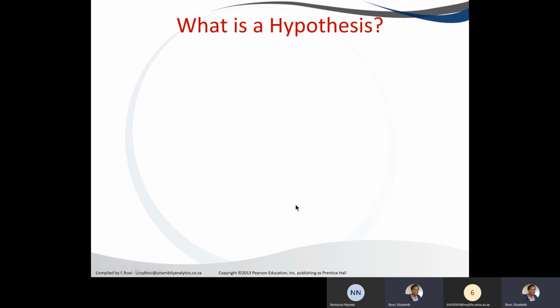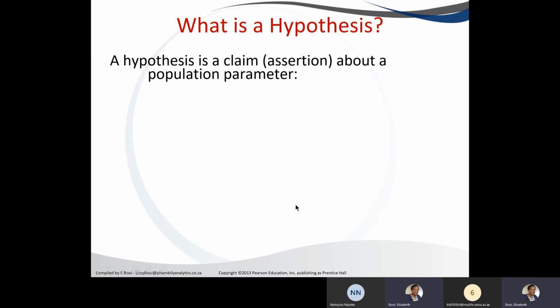I cannot make that claim that people like the ANC as a political party or a ruling party. You cannot do that. So that is why you need to collect the data and do a hypothesis test so that you can test that assertion.